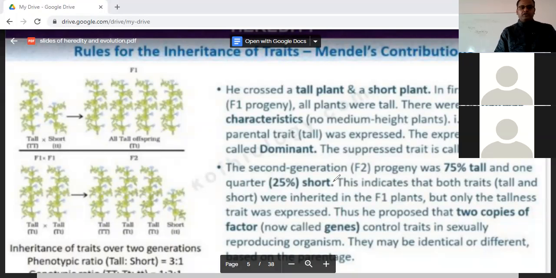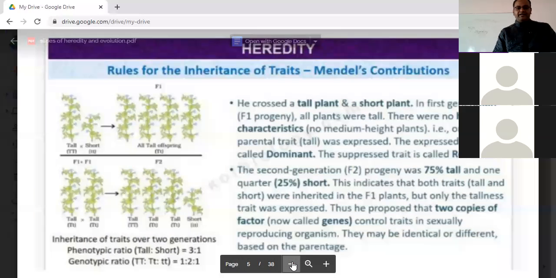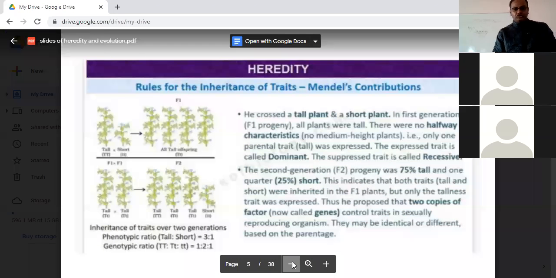Here, students, the law of dominance is there. That means in the presence of the dominant character, the recessive character is unable to express itself, or we can say the recessive character is suppressed. The recessive character will express itself in the second generation. If we summarize Mendel's work till the F1 generation, see our text discussion also, he crossed a tall plant and a short plant.